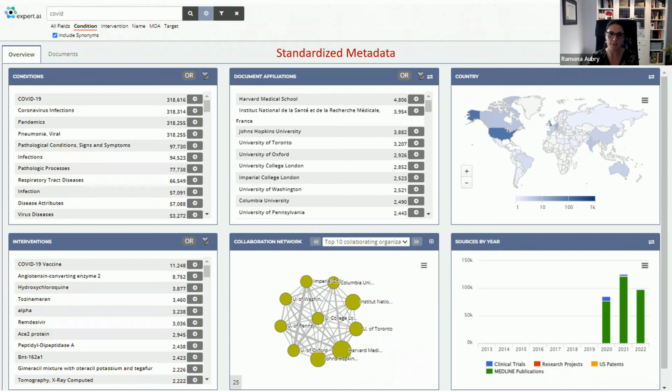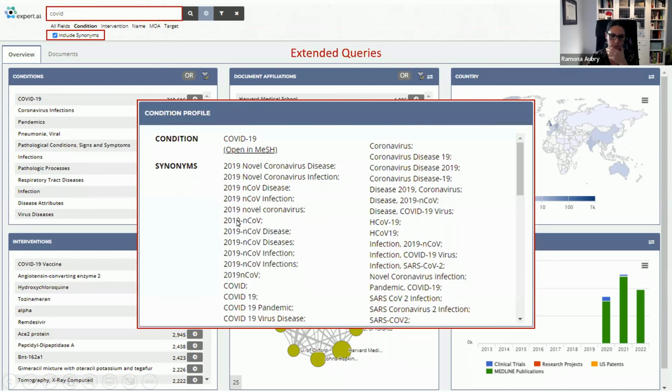We standardize this metadata thanks to different nomenclatures. By nomenclatures, I mean taxonomies. It means that what we did is that our document processing engine connected the information extracted with preferred labels and identifiers in standard taxonomies. So it's not just the taxonomy that drove this kind of results, but multitude of taxonomies.